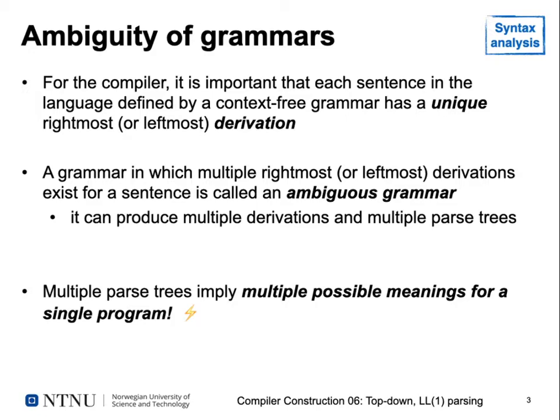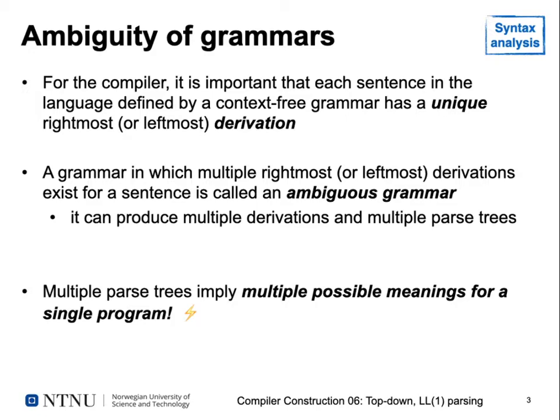This derivation can be a unique rightmost or a unique leftmost derivation, and we've already seen both should lead to the same syntax tree. So a grammar in which multiple rightmost or leftmost derivations exist for a sentence, that's what we call an ambiguous grammar, because it can produce multiple derivations and multiple different parse trees for the same input.